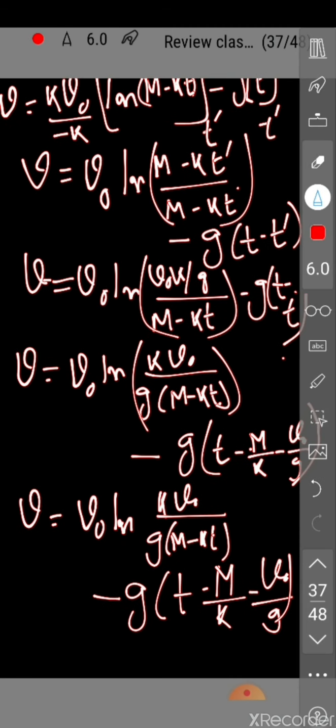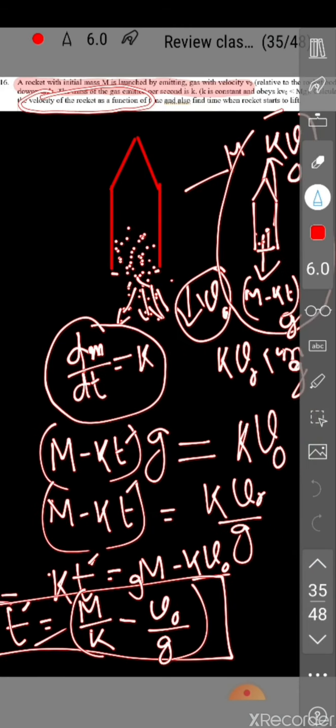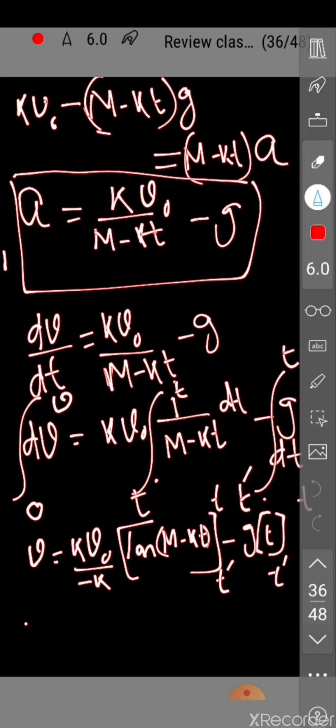This is the equation we got. Let's see what else the question has asked: find the time when the rocket starts lifting and the velocity of the rocket as a function of time. So we have calculated both, the velocity as a function of time and the time at which it will be lifted up.